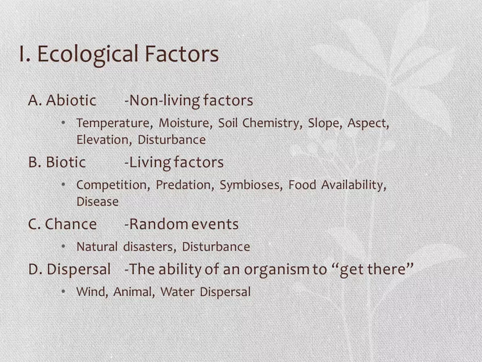So whenever you ask the question, why is this species here, or why is this species not here, it's usually going to be some combination of these four factors. And what ecologists try to do is figure out what combination of those factors are influencing those patterns that you see.